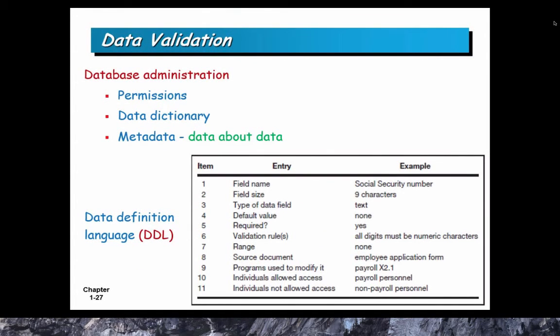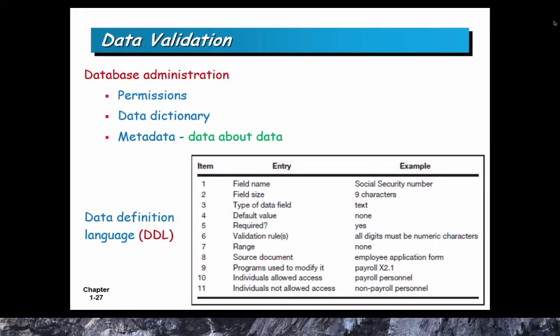Data validation. It seems kind of odd to have data validation in this chapter at this moment. Seems like it's a different conversation. But the reason we have it here is that data validation in a database management system is inside of your data.